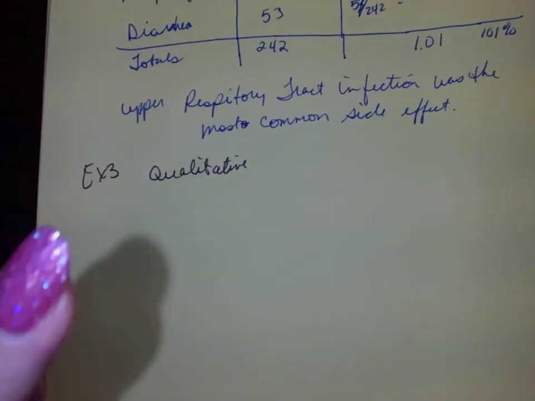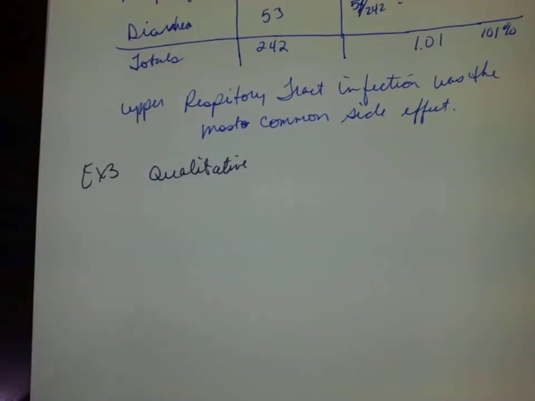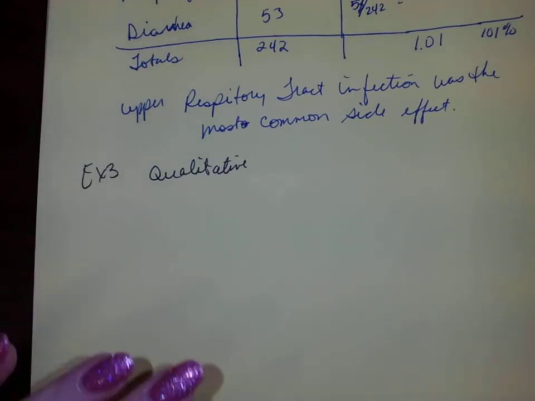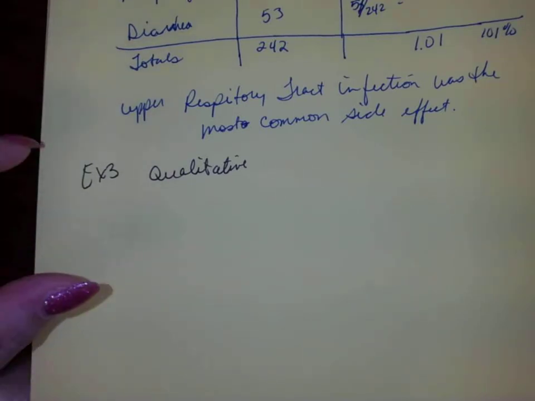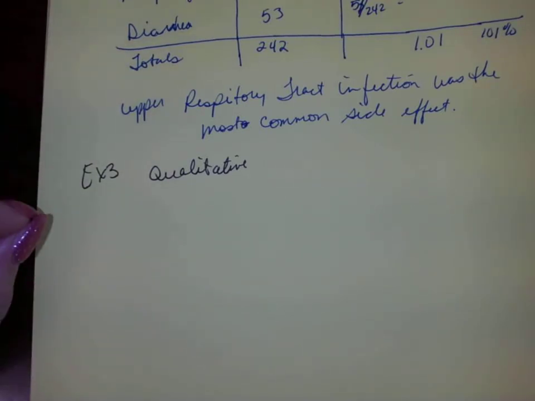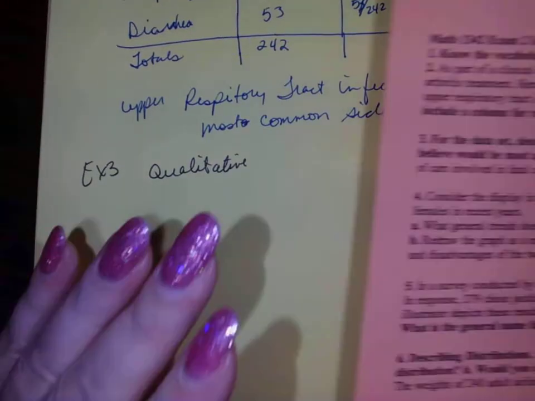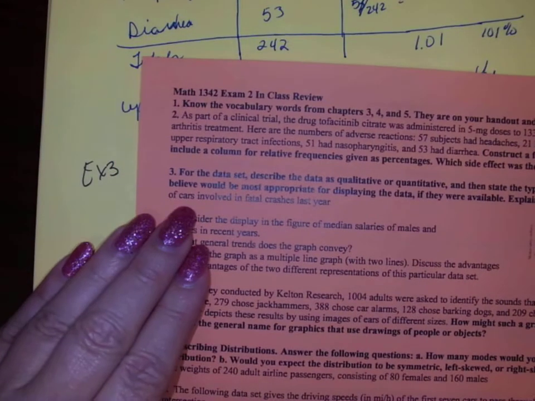Now, qualitative only has 2 that specifically go for qualitative. Usually for qualitative, you're going to use either Pareto or you're going to use a pie chart. And either one would work for this because we're talking about the quality, the color of the cars.